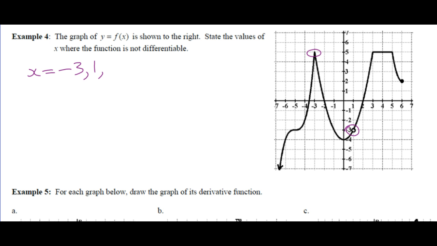Okay, where's the next problem? At 3, right? You got a corner there. Where's the next problem? Here. You got another problem. Where's the last problem? 6, right?